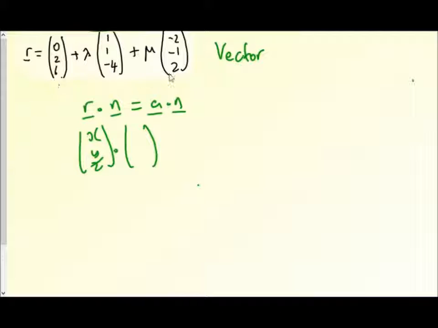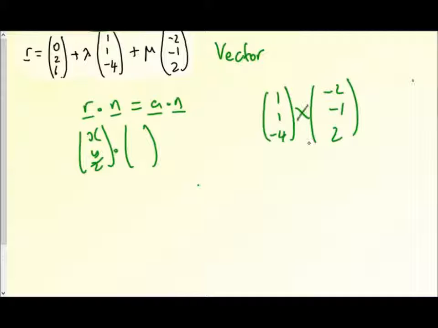So how can I get a normal vector from the information we're given, since we're not given the normal to the plane? However, what we have worked out here is two directions in the plane. So (1, 1, -4) is a direction in the plane, and (-2, -1, 2) is a direction in the plane.